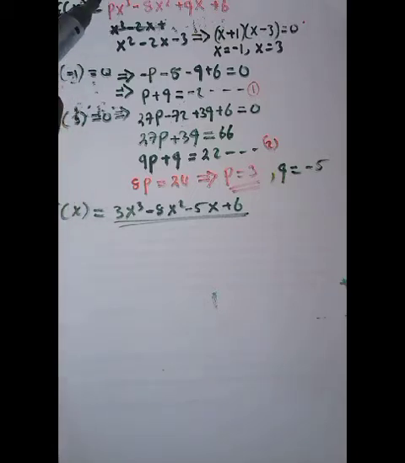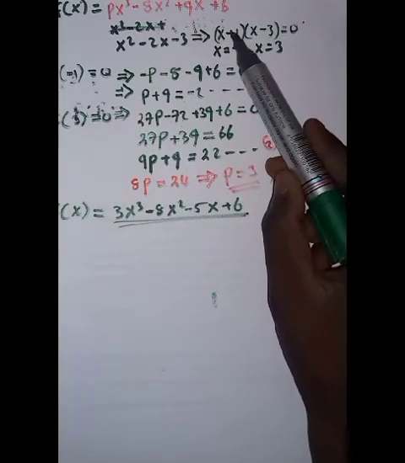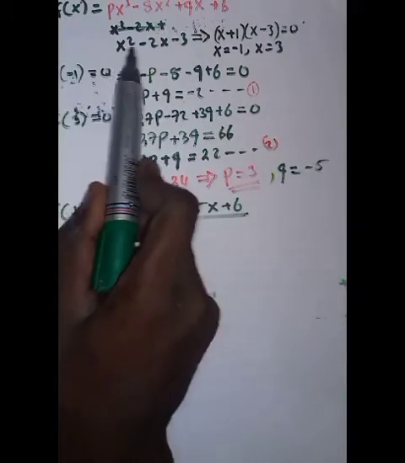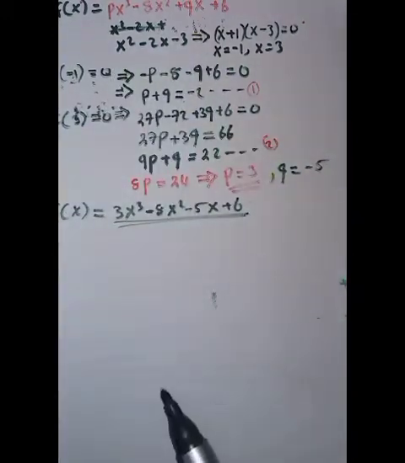We see that f of x is of degree 3, right? That means there are 3 factors. We just got 2 of them, x plus 1 into x minus 3, which is the same as x squared minus 2x minus 3. To get the other factor, we can do long division.